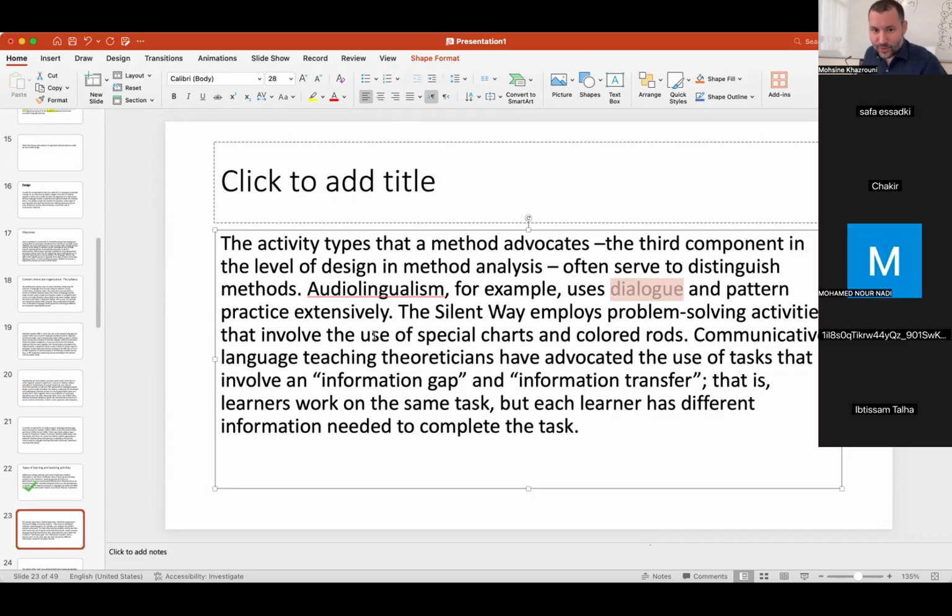Okay, well, good. What about this one? What do you think about this activity, information gap? This is an activity or a task you can do in the classroom. What do you think about it? Do you think it's effective, information gap?